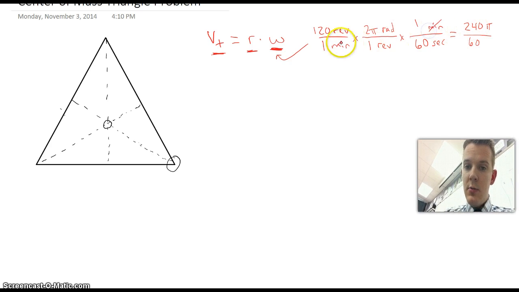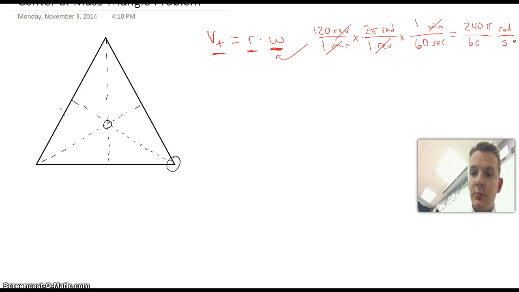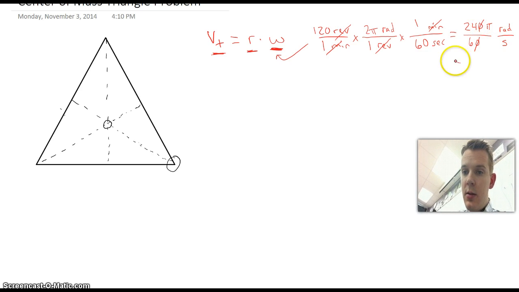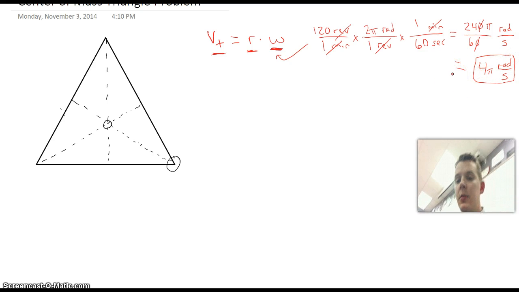The minutes go away, the revolutions go away, and I'm left with radians per second. Let me reduce this; I will use it in a little bit for the angular velocity.